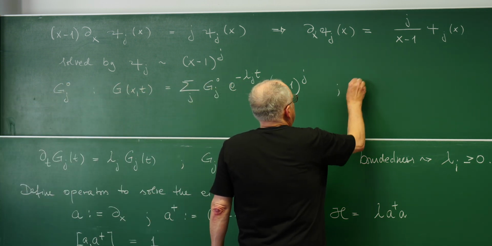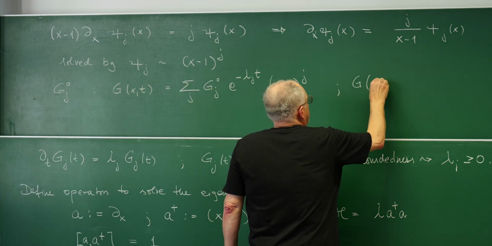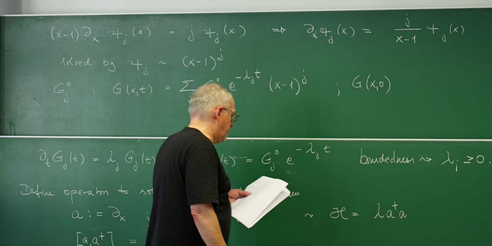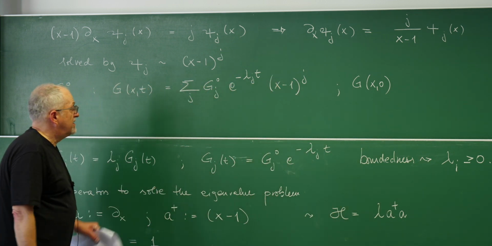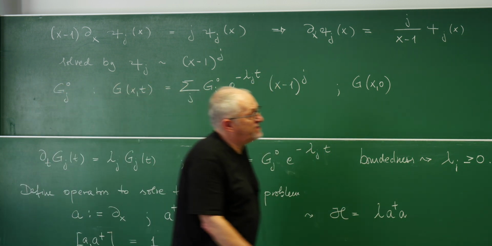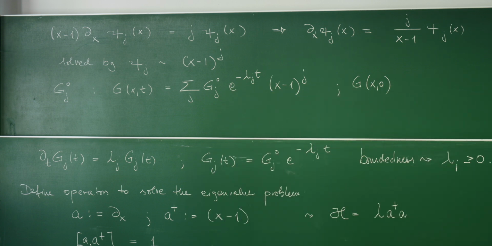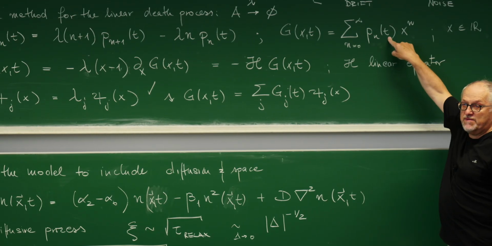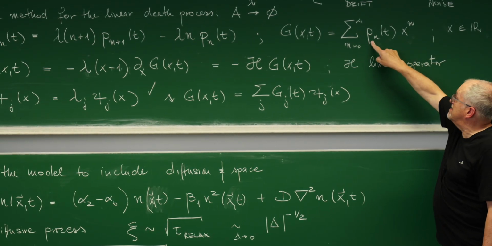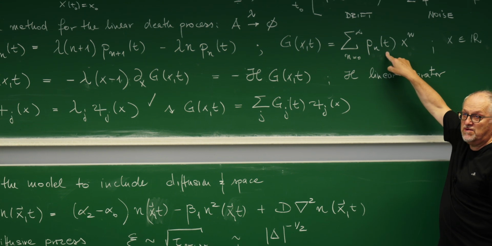Then we compare with what you get at time equal to 0. For time equal to 0, we have to go back to this explicit expression for the generating function. When I put time to 0, I get the probability distribution at time equal to 0.